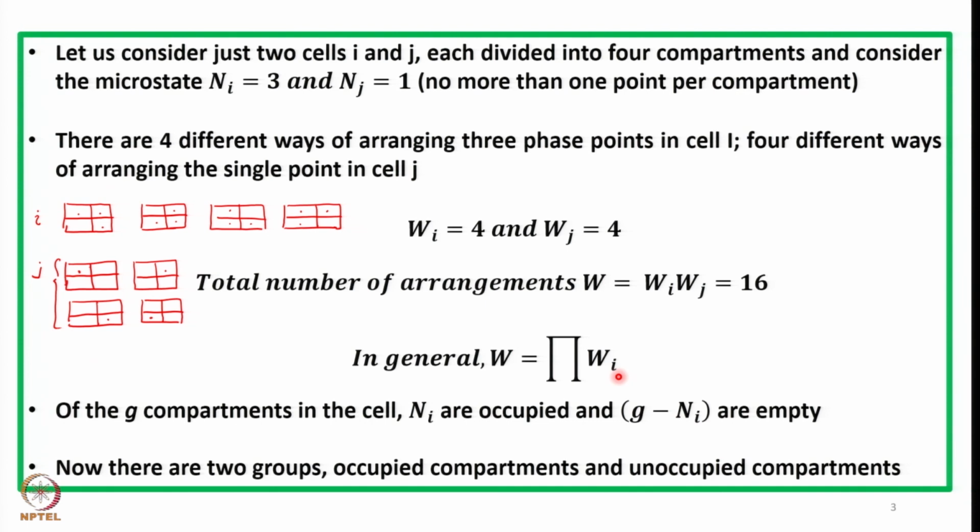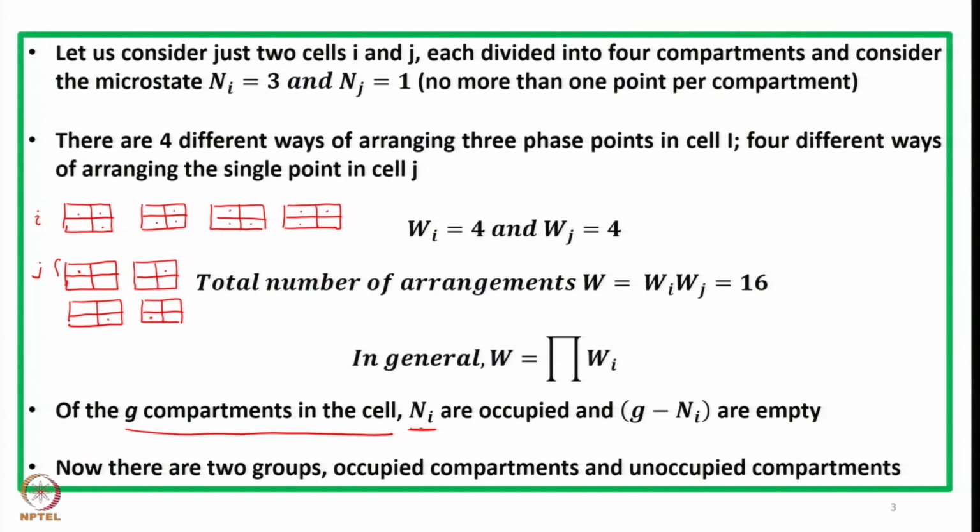Let us now talk about G compartments in the cell. Let's say we focus on G compartments in the cell, and Ni are occupied. Suppose there are only Ni phase points, there are total G compartments in the cell, and each compartment can have one phase point.